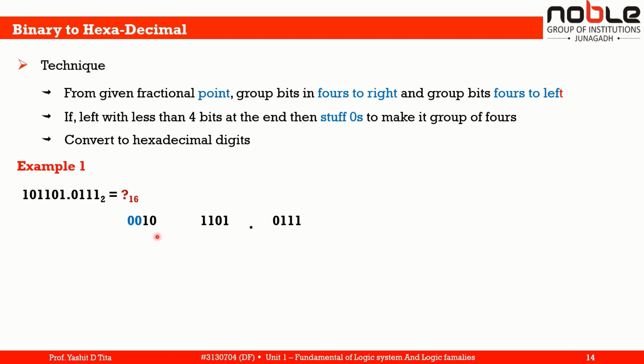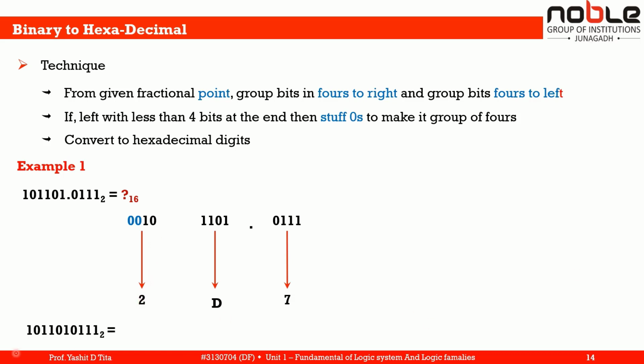Now look into the table and convert these binary numbers into hexadecimal. 0111 is converted into hexadecimal, and that is 7, and the 1101 binary number is converted into hexadecimal, and that is D. And the next one, 0010 binary number is converted into hexadecimal, and that one is 2.